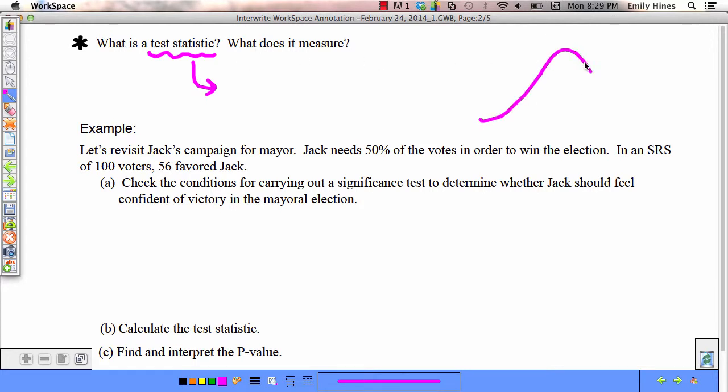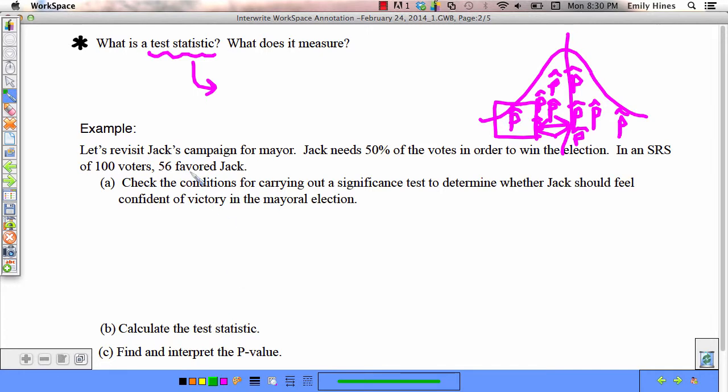So out of my sampling distribution and all the p hats I have, if my sampling distribution is of p, then all of these values are p hats, and the one right in the middle is my true value of p. And so if this is the one that I have, how far away in terms of standard deviations is that? Hopefully that reminds you of something that you've been using most of the year, a z-score. It's going to be the same thing.